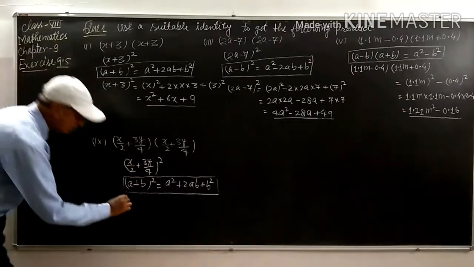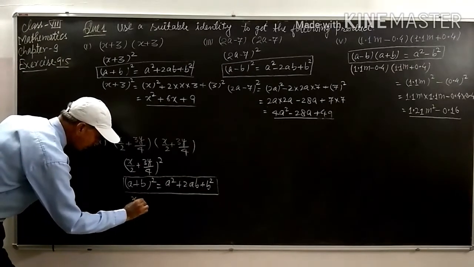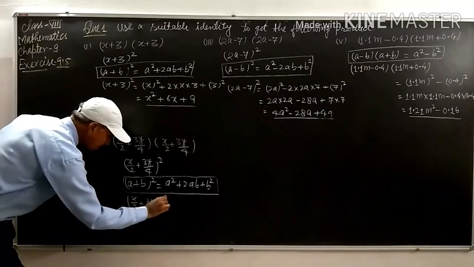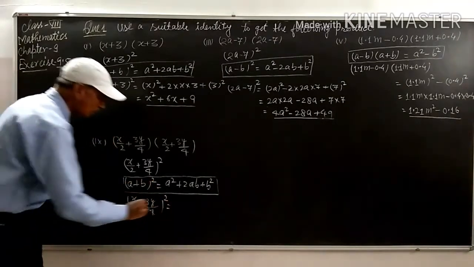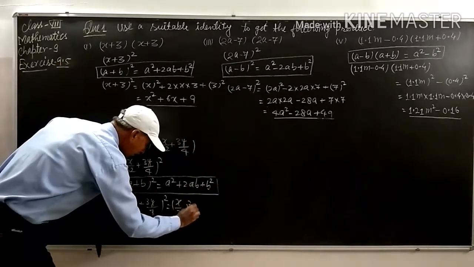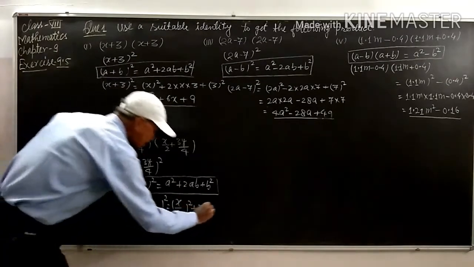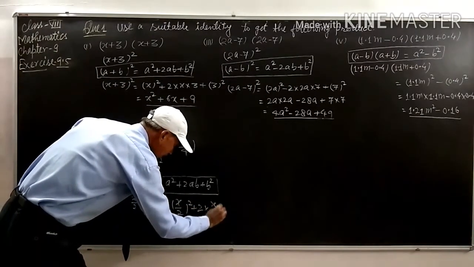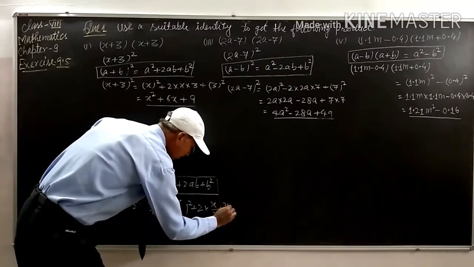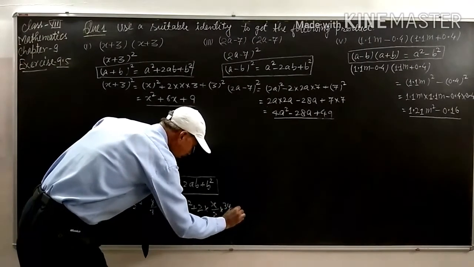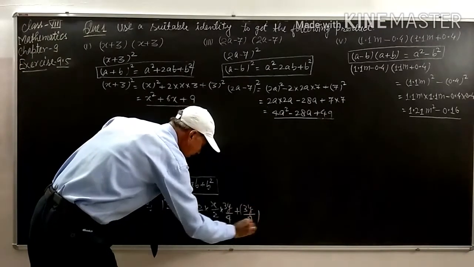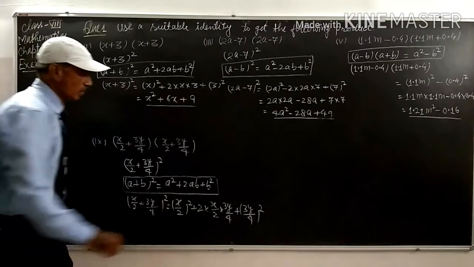So, this one x by 2 plus 3y by 4 whole square is equal to x by 2 whole square plus 2 into x by 2 into b, that is b is 3y by 4, plus 3y by 4 whole square. Clear, student?